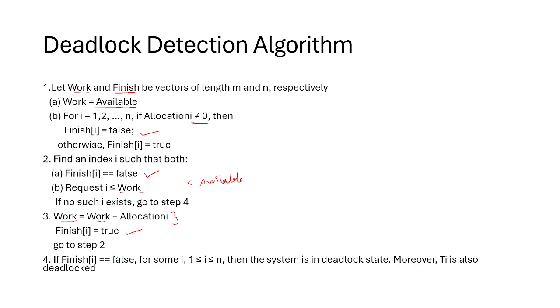After completing all, if Finish[i] is equal to false for any thread i, with i from 1 to n, meaning one or two or n threads have Finish equal to false, it means those particular threads have not completed their execution, and then the system is in a deadlock state. If even one thread has not completed its execution, the system is in a deadlock state. So by using this, we can find whether there is a deadlock.